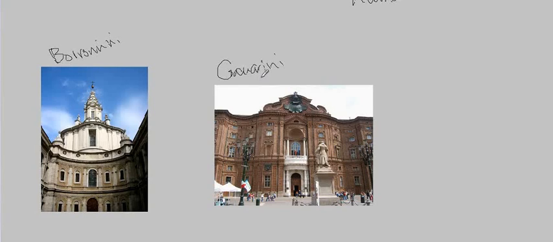And it really shows an interest in almost moving architecture into the realm of something sculptural with this curving, interesting, lively facade. And let me write down really quickly: these are innovative.